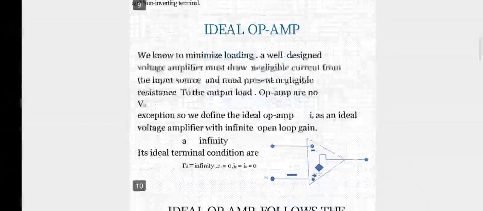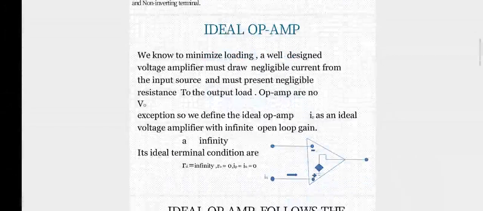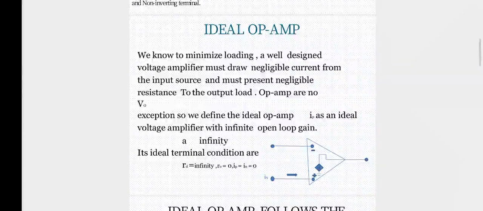Then what is called an ideal op-amp? We know that to minimize loading, a well-designed voltage amplifier must draw negligible current from the input source and must present a negligible resistance to the output load. So we define the ideal op-amp as an ideal voltage amplifier with infinite loop gain A, where A is infinity.